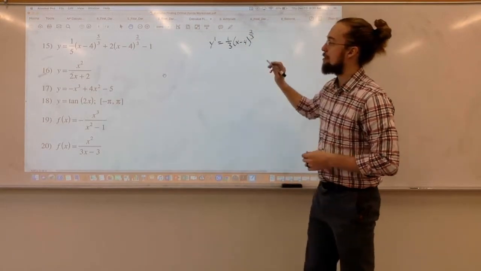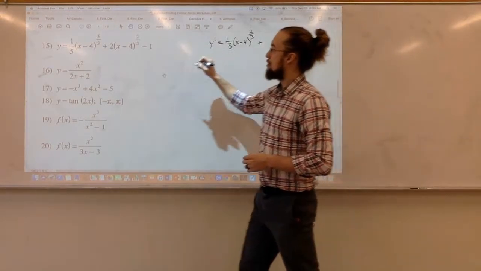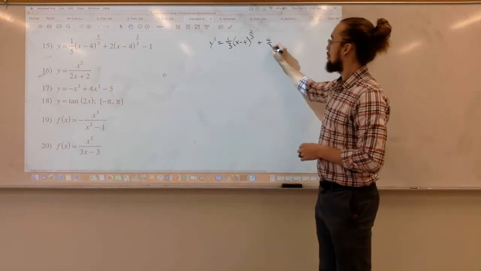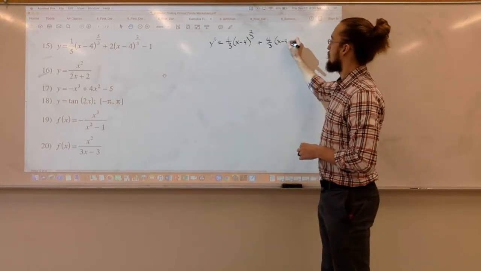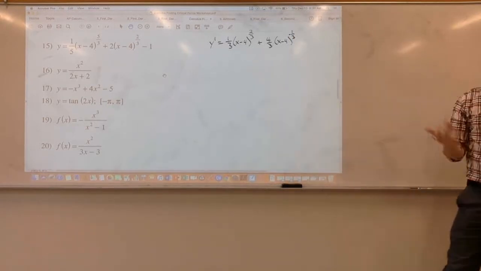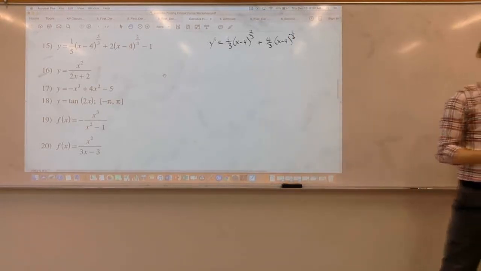So that'd be 2/3. Then plus, if I bring my exponent down, 2 times 2/3 is 4/3, times x minus 4, and subtract 1 from the exponent, I get negative 1/3, and then the derivative of negative 1 is 0.